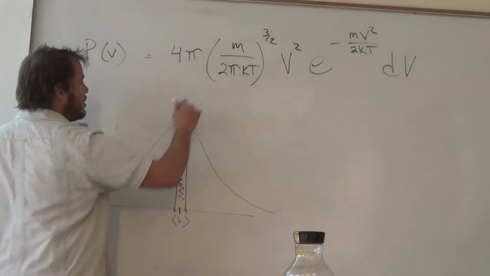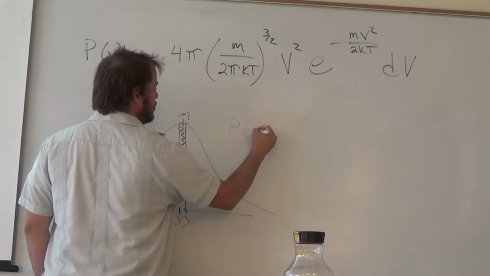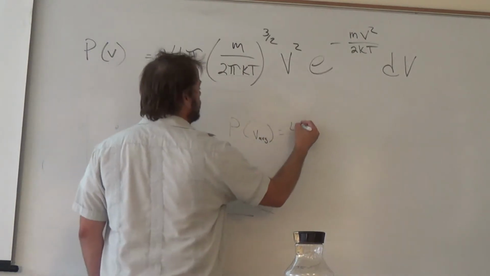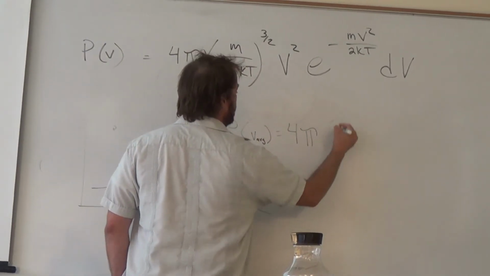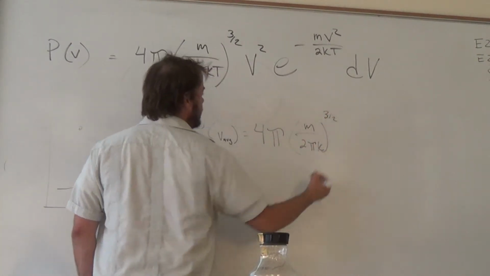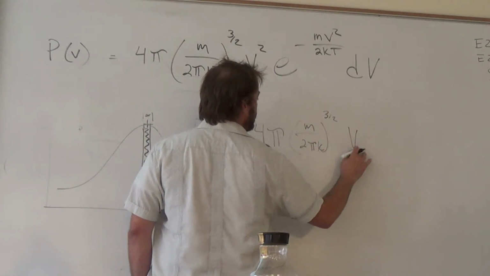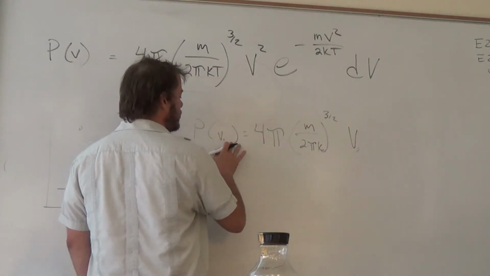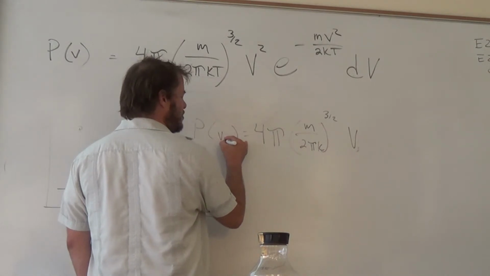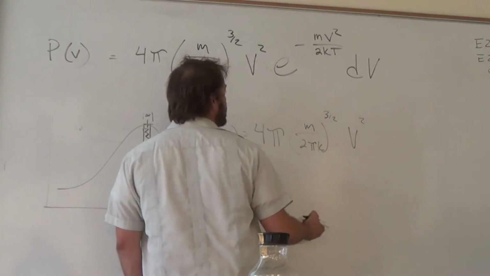So to run the estimate, we're going to take the average velocity and start plugging into these equations. We'll say that P of v average for these is equal to 4 pi, m over 2 pi kT to the 3/2, times a v squared term.